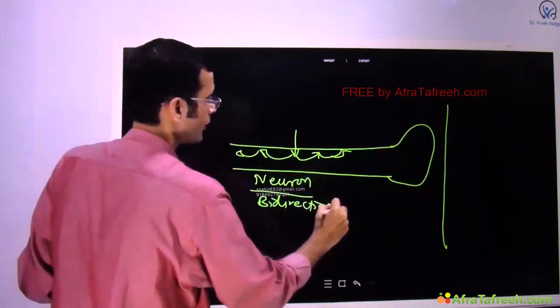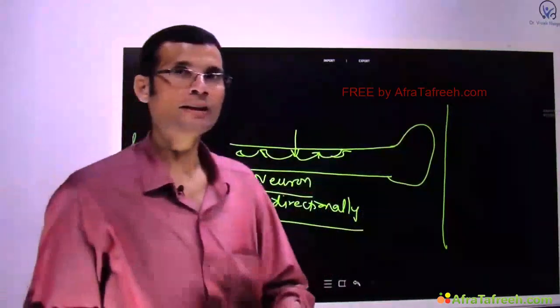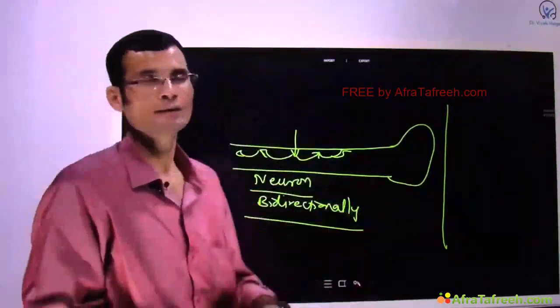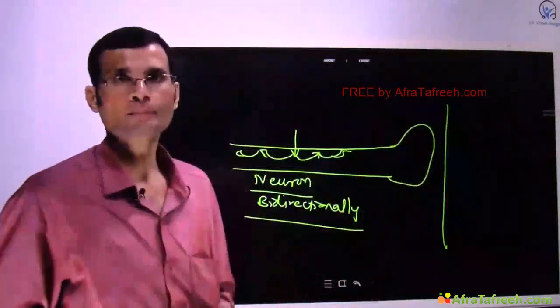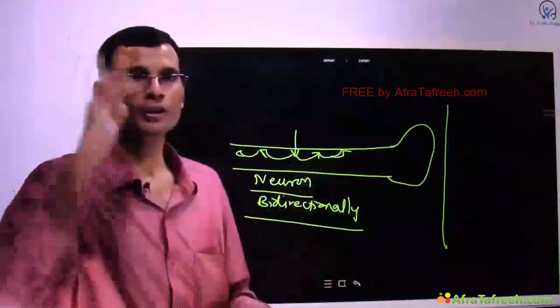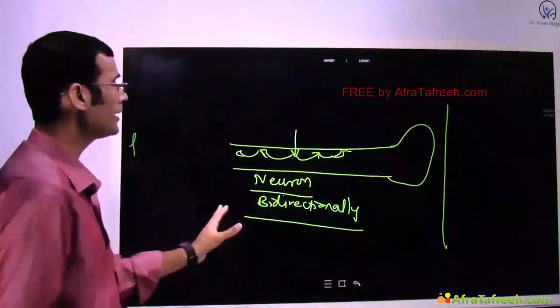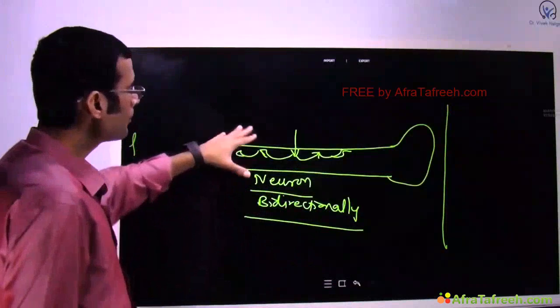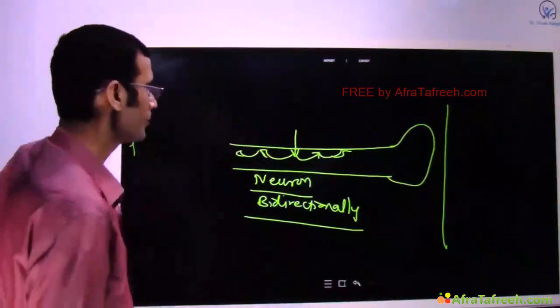That's the first point. Remember, a neuron can conduct bidirectionally if you stimulate it in the middle. Although this is experimental. Normally we stimulate the neuron at its first point, either in the receptor or in the cortex. So that's practical. But theoretically speaking, a neuron can conduct bidirectionally if you stimulate it in the middle.